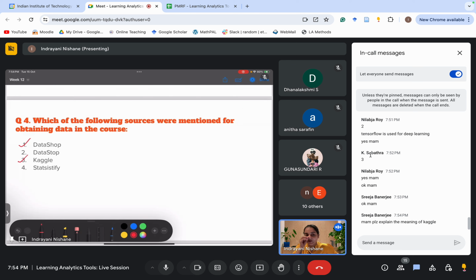There are certain websites which already give us data which they have generated, not collected. That data doesn't belong to anyone, or it is data available in the public domain, which the government collects. All that data is available on these websites. So there is no meaning of Kaggle or Datashop, but these are the names of those websites.